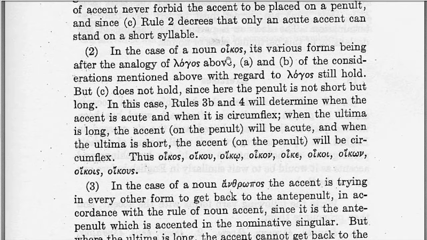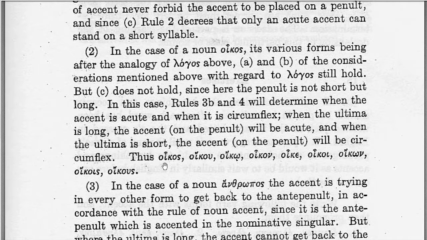Well, that omicron iota is not the final omicron iota, so it's in there. It's long. In this case, rules 3b and 4 will determine when the accent is acute and when it is a circumflex. When the ultima is long, the accent on the penult will be an acute. And when the ultima is short, the accent on the penult will be a circumflex.